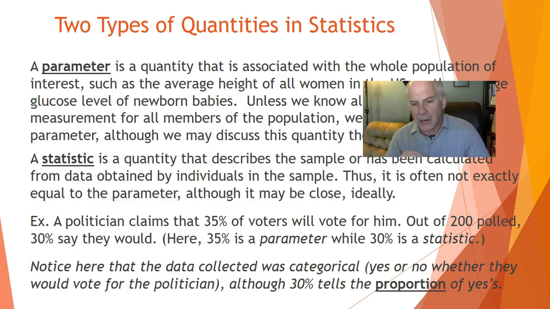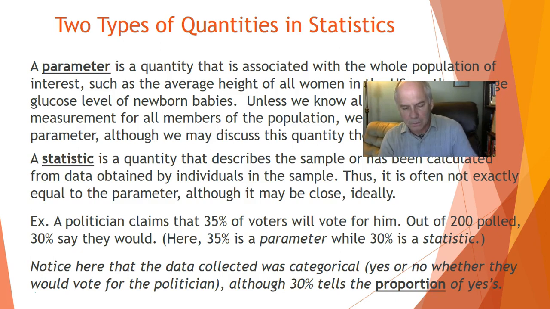But that's called a parameter because it's referring to all the people in the population. Now the 200 polled, those are your sample, and 30% said they would. So 30% is called a statistic that we calculated from the sample data.